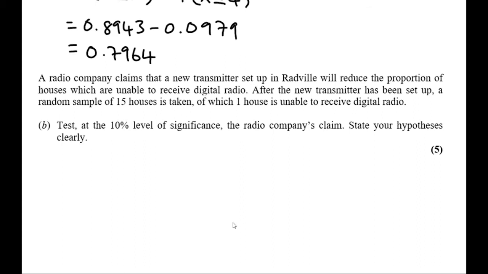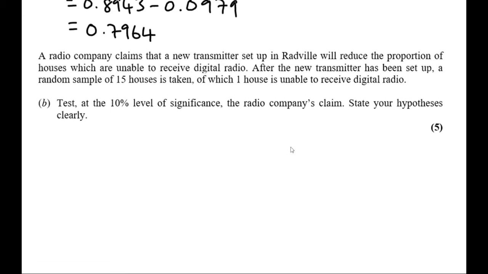Here we're told a radio company claims that a new transmitter set up in Radville will reduce the proportion of houses which are unable to receive digital radio. After a new transmitter has been set up, a random sample of 15 houses is taken, of which one house is unable to receive digital radio. What's important to note in this question? What is the claim of the radio company?